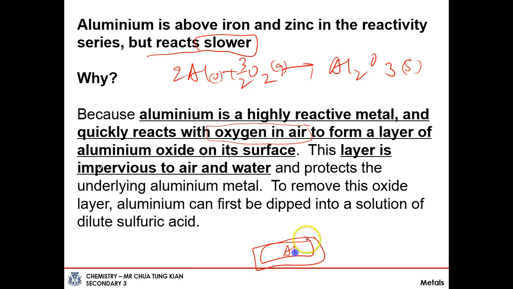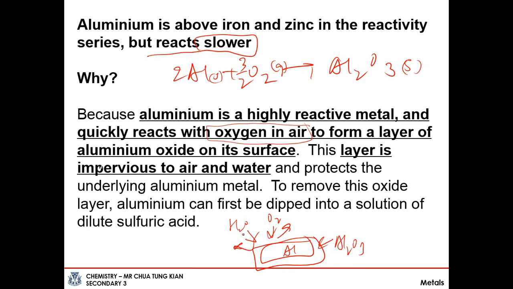So if this is the aluminium block and this is the Al2O3, the water and oxygen will not be able to enter for further reaction to take place. No oxygen can touch the aluminium metal. In essence, this aluminium oxide layer forms a protective layer around the aluminium block.